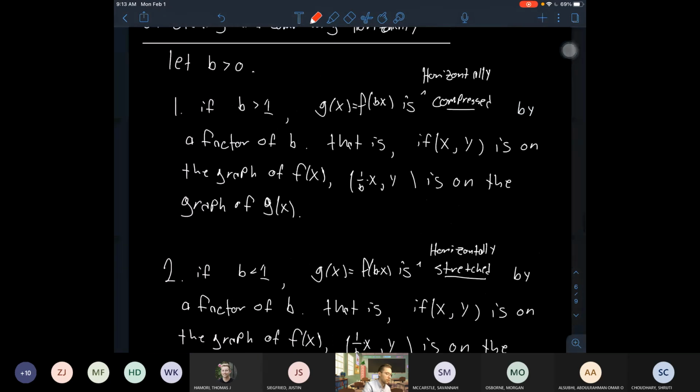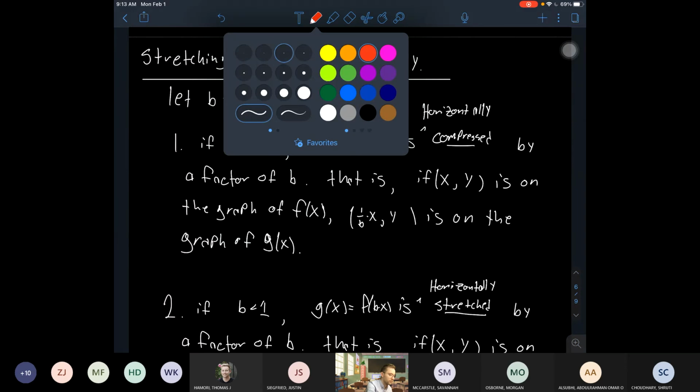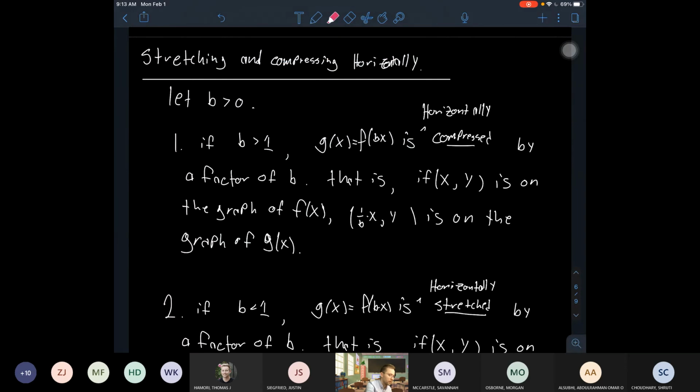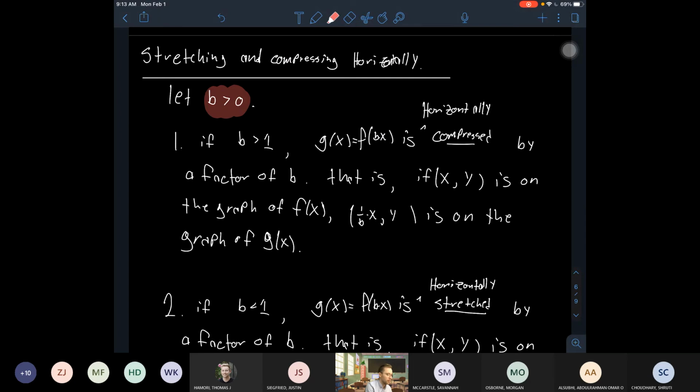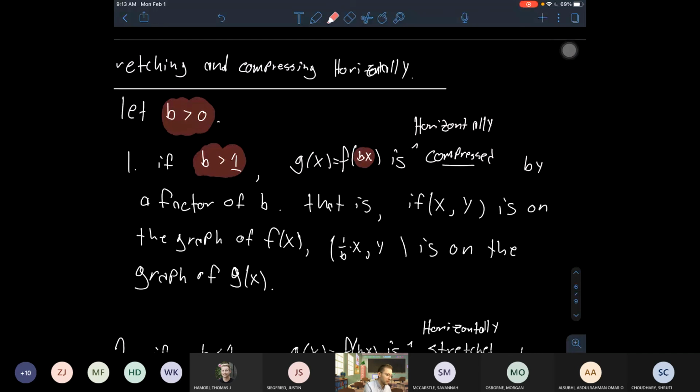Now let's move on and talk about horizontal stretching and compression. We take some number, b again, which is going to be larger than 0. Definitely don't like that highlighting color. Take b larger than 0. And if b is bigger than 1, and we multiply by b on the inside.